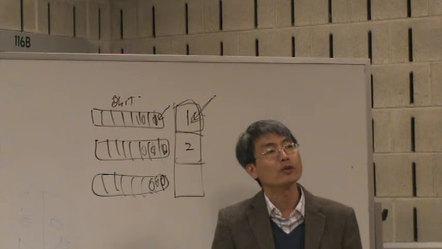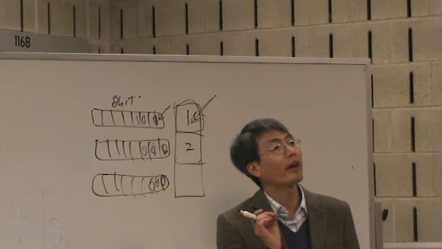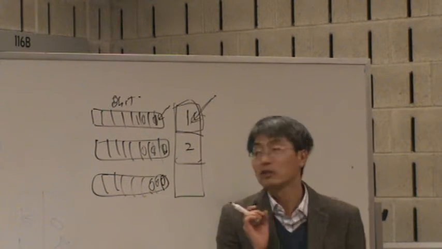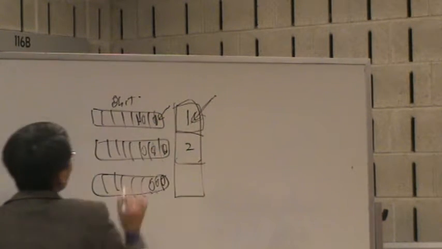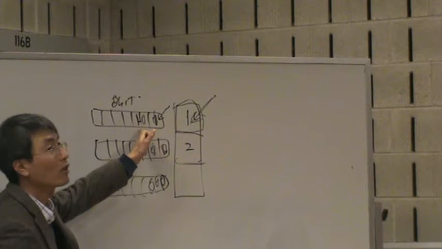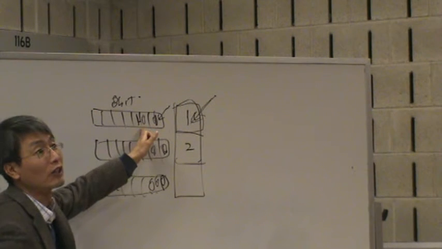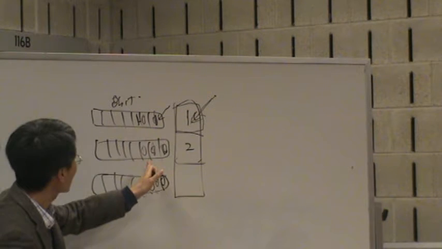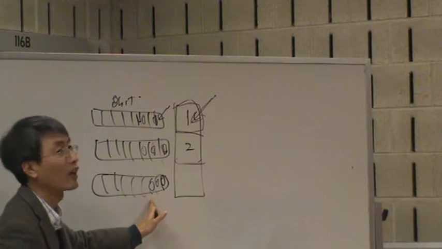Then when you select the victim using the LRU algorithm, for example, if you see the 1 over here, 1 means it's used. This one is not used, this one is not used.